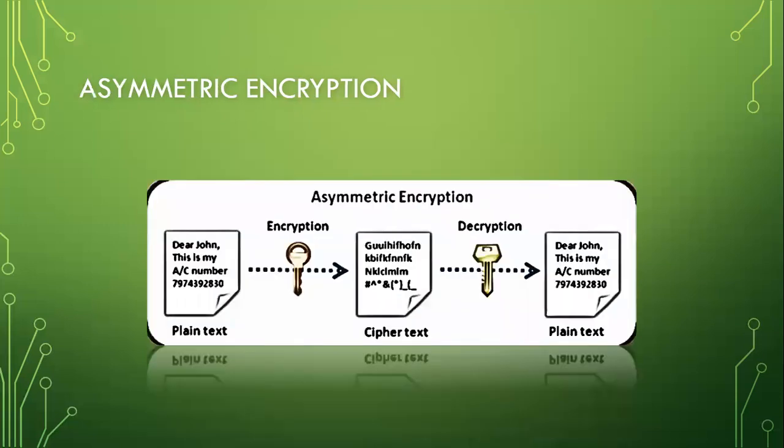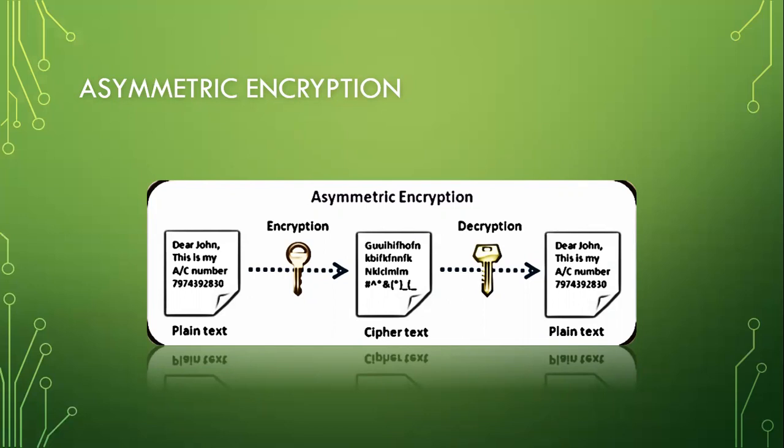Next slide, asymmetric encryption. What is asymmetric encryption? Asymmetric encryption is used when data encryption is complicated. An asymmetric key is used on both sides for encryption and decryption, like the symmetric key.